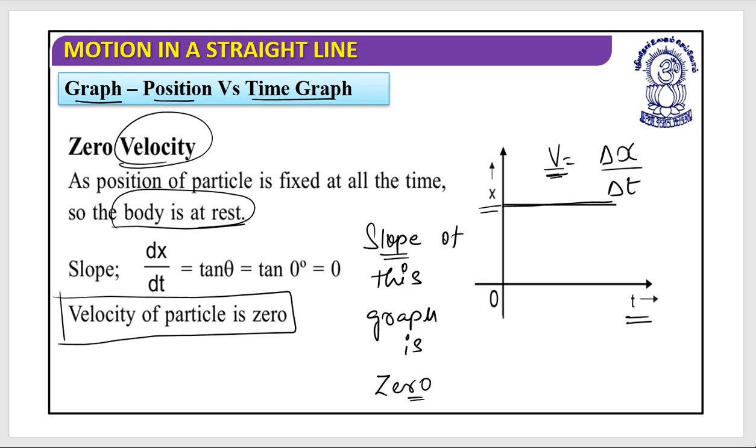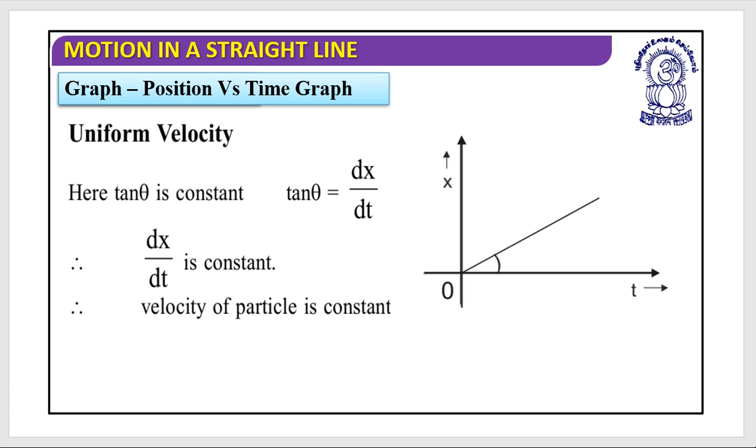It is not moving, because at this time it is at this position, and at that time it is at the same position. It is not changing its position. That means the object is at rest. Are you sure? Okay.